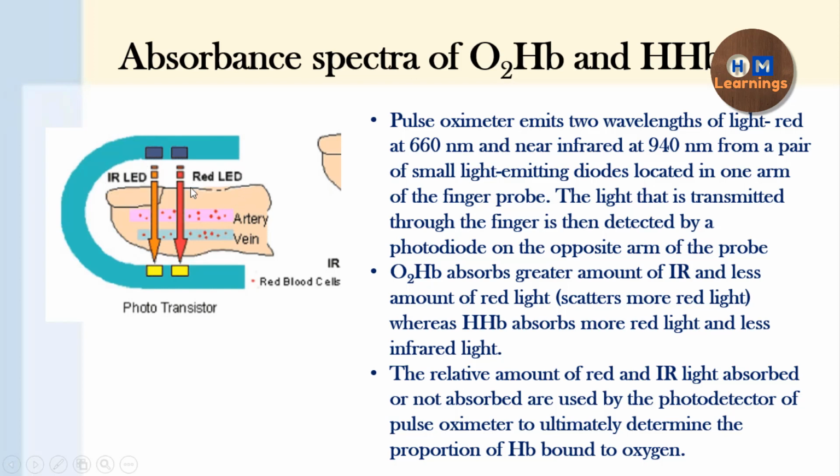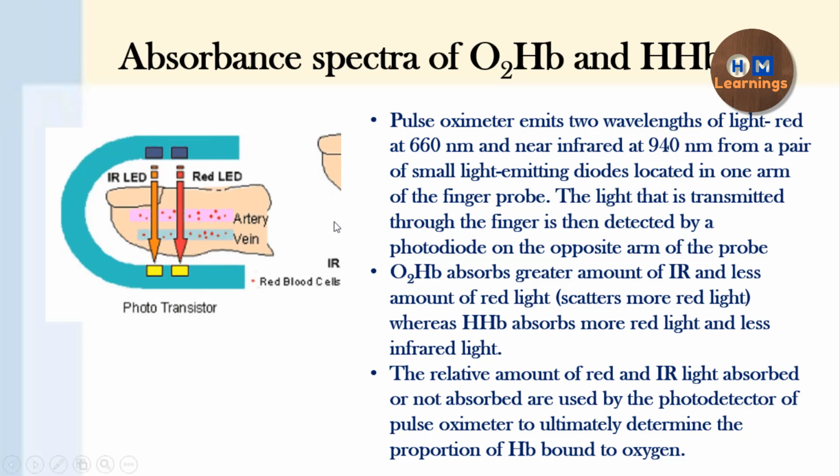These two types of light pass through the blood vessels, arteries, capillaries and veins, and then they will be detected by the photodetector present on the other arm of the pulse oximeter, because some of the light is absorbed and some of the light will be transmitted to the photodetector, where it will be detected.